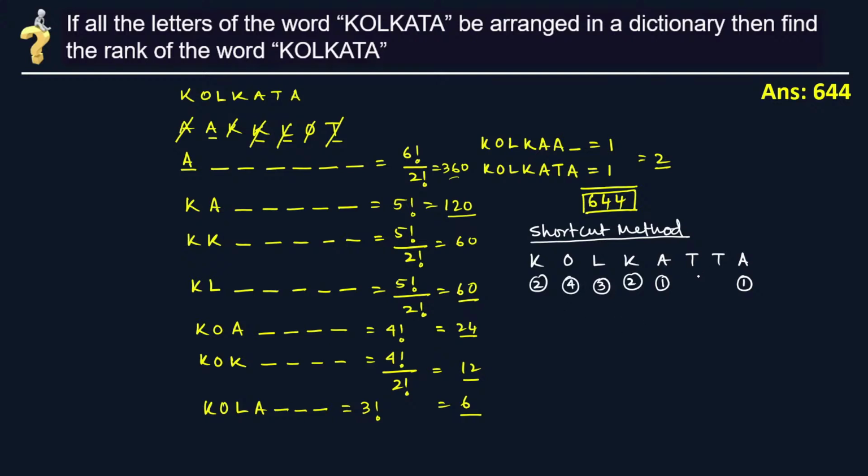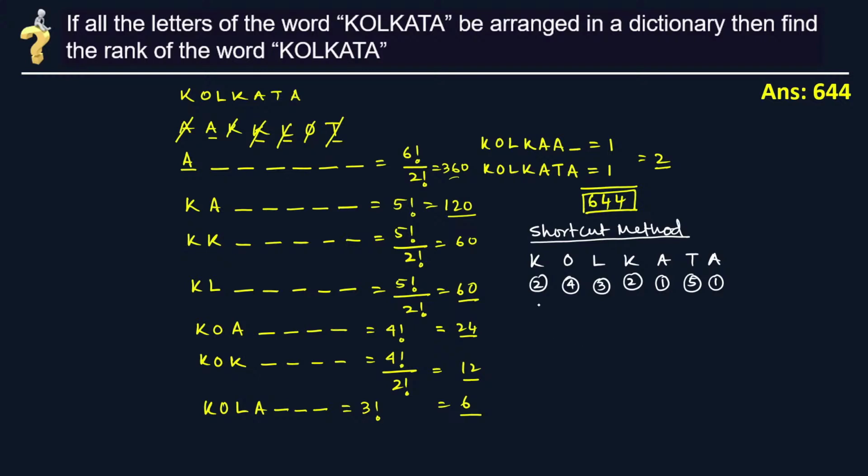And then your T will come. Oh, I have written 1 T extra. Let me just erase this. So the number 5 will be assigned to T. Okay, is it clear?